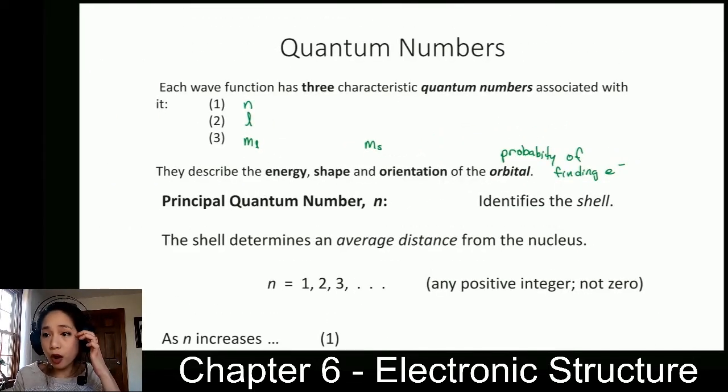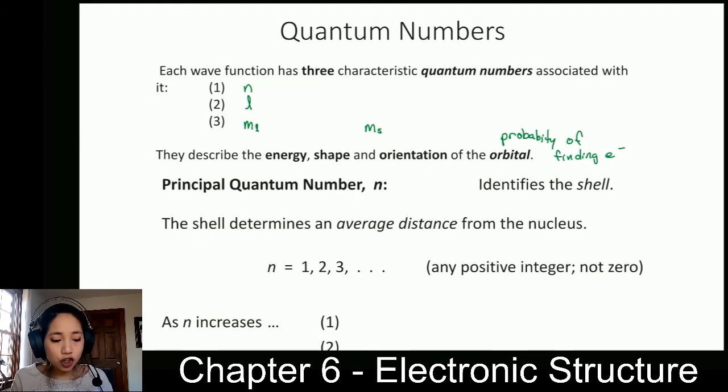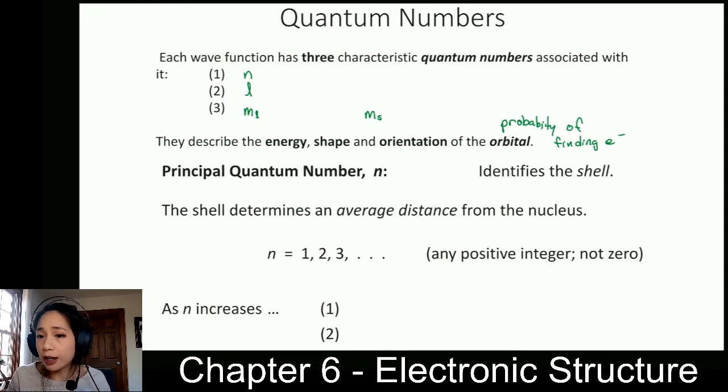So the first one we've already talked about, the principal quantum number, or n. This identifies the shell energy level of that electron. So the shell determines the average distance away from the nucleus, and this is very much related to the n energy level that we talked about with the Rydberg equations and the Bohr model. So Bohr did get this quantum number right, and these shells have integer values, any positive integer value, but not including 0.